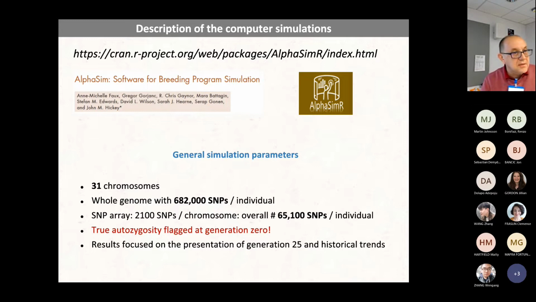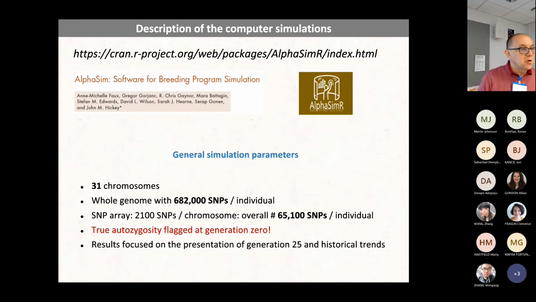What we were actually calling as SNPs, and on which we could do estimates, were some 2,000 SNPs per chromosome, which at the end resulted in 65,100 SNPs per individual. This is more toward mimicking the situation of the classical SNP chips in cattle, 60K or 54K and so on. We were not interested in what is going on at a very long scale.